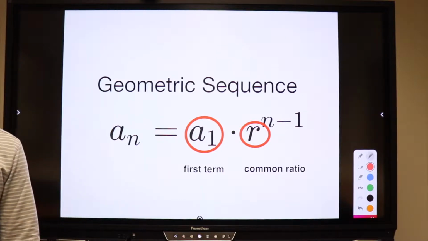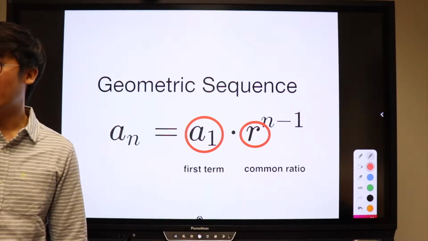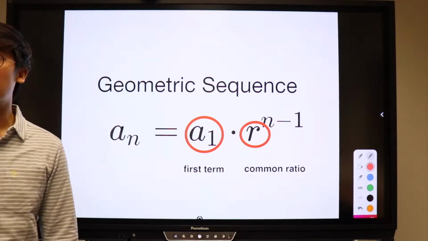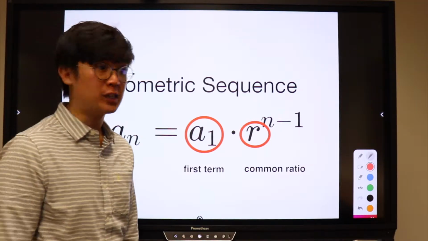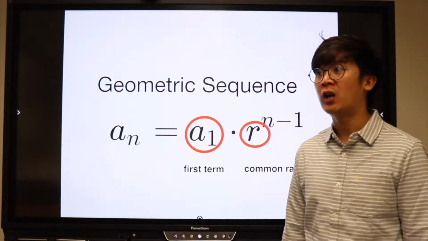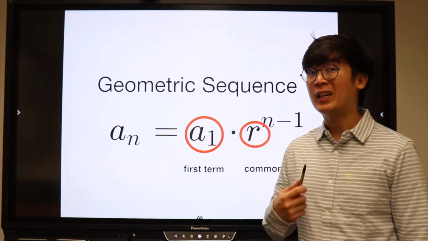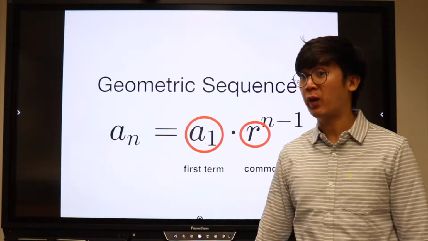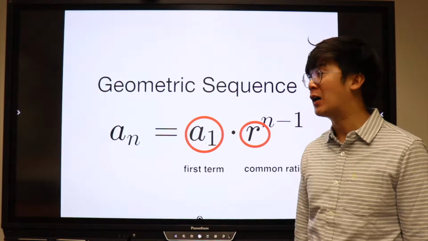So in arithmetic sequence, we are subtracting. In this sequence, we will be dividing because ratio is synonymous to division operation in mathematics. So that is the special pattern that we're going to be looking for in geometric sequence. We need to find that common ratio because this one is a no-brainer. You already know how to find the first term.